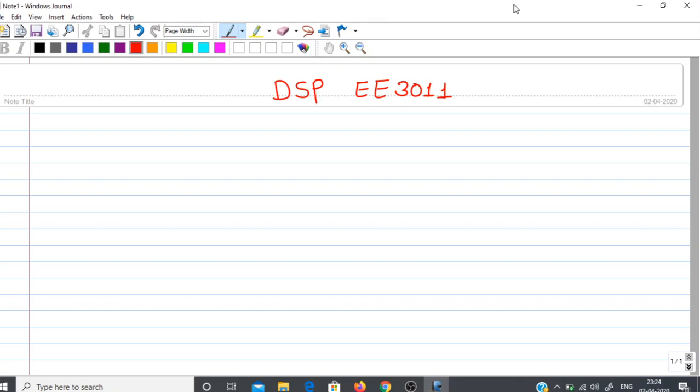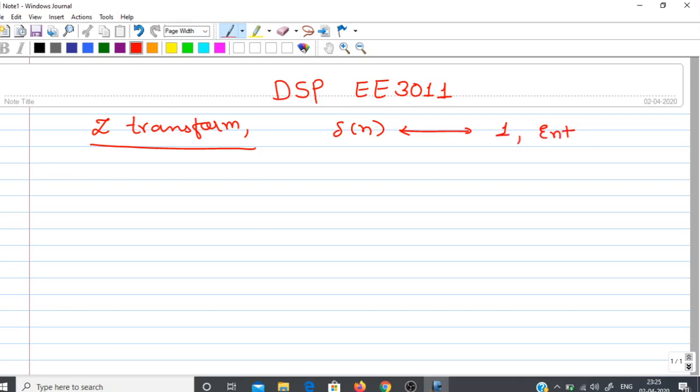Today we shall solve some problems based on Z transform. In the last video, we saw Z transforms of some important sequences. We found the Z transform of the unit step sequence and it was 1, and the ROC of the Z transform was the entire Z plane.